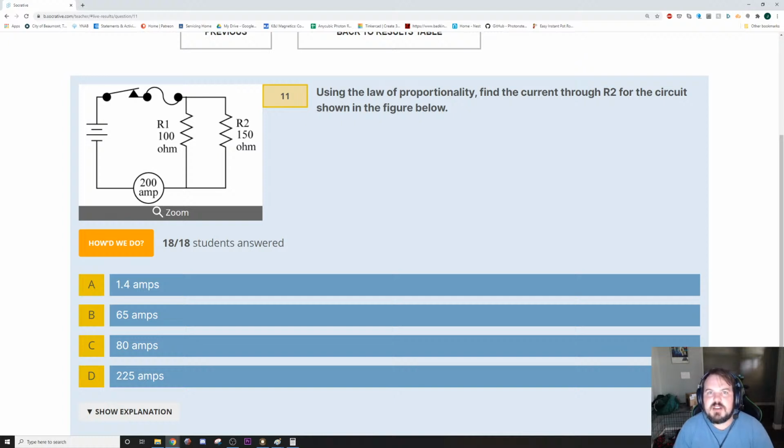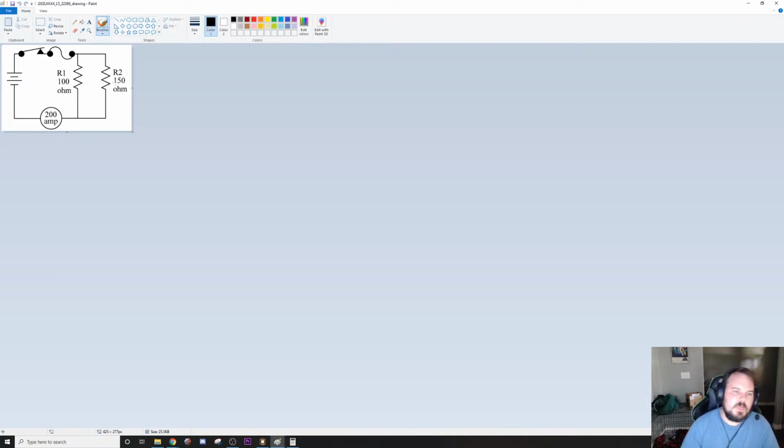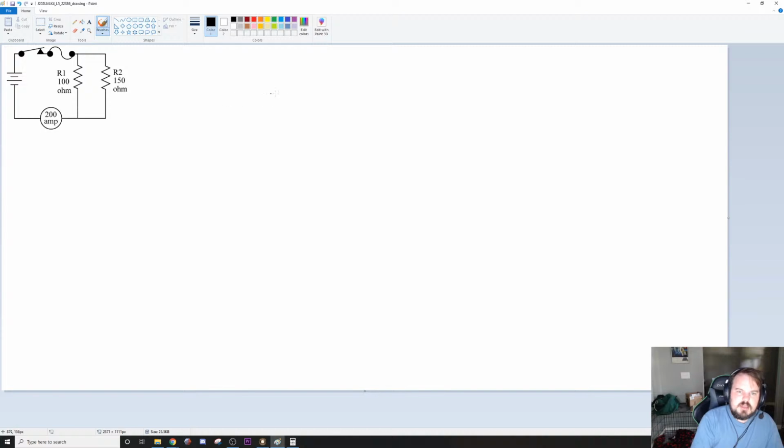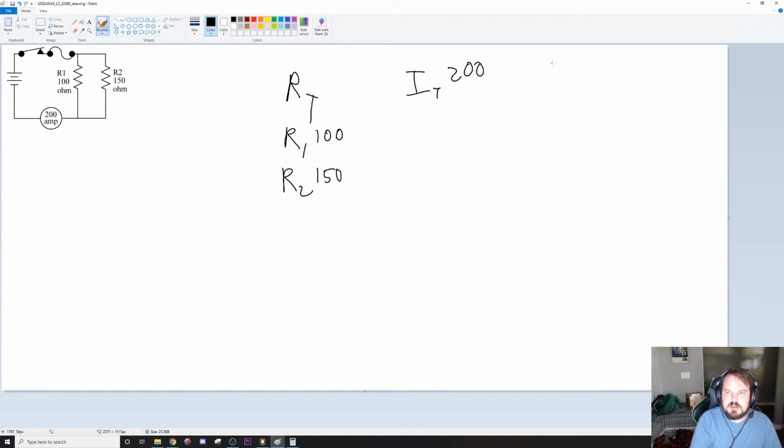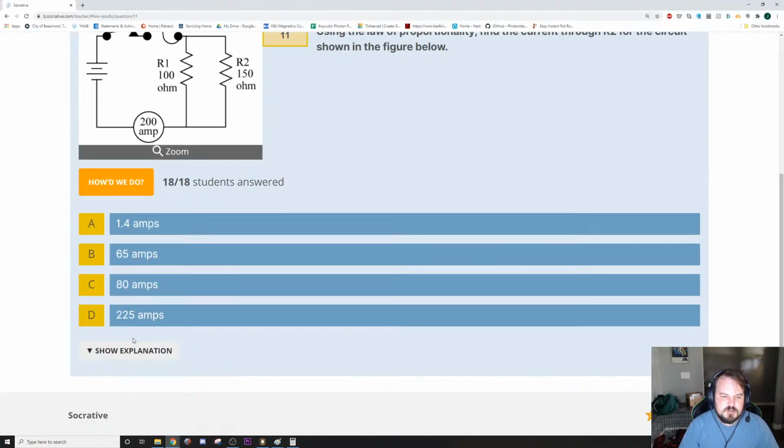Let me find this circuit, and I will show you. Again, we're making our chart. Our total, R1, R2, 100, 150. I total is 200. E total, I1, I2. Did I leave an explanation on this one?